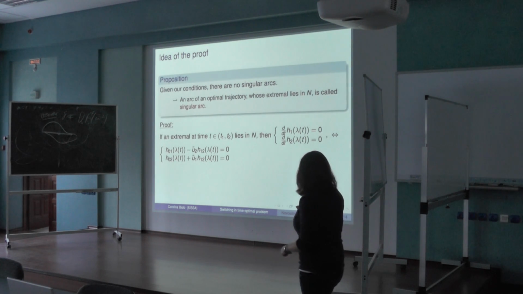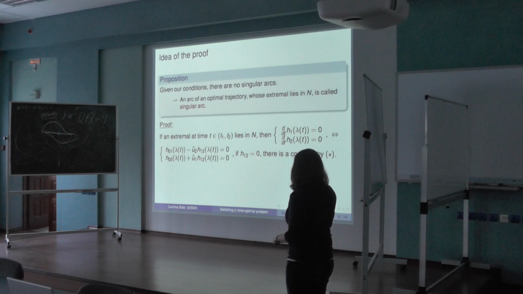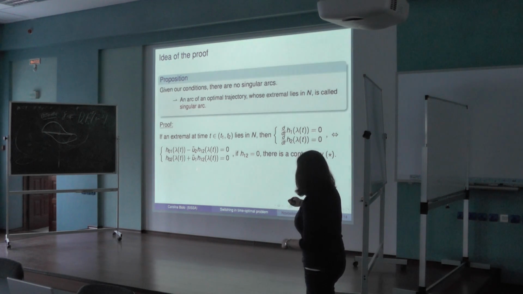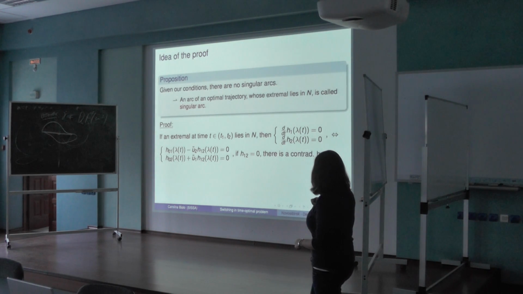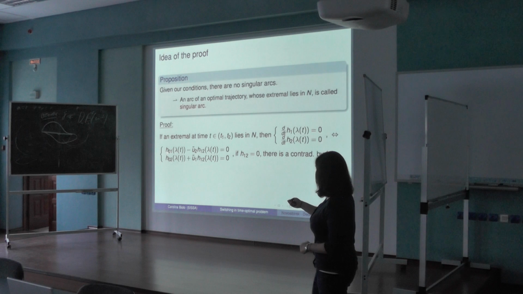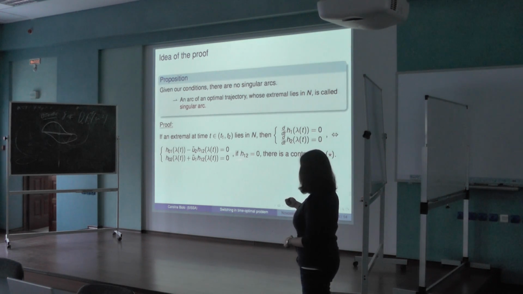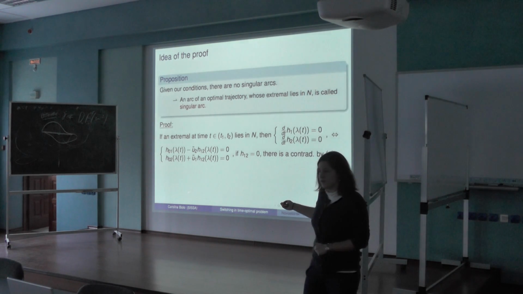And we can say that if h12 is equal to 0 in this case, we have a contradiction by the condition red star that we have, which says that it's not possible that h01 and h02 are at the same time equal to 0.